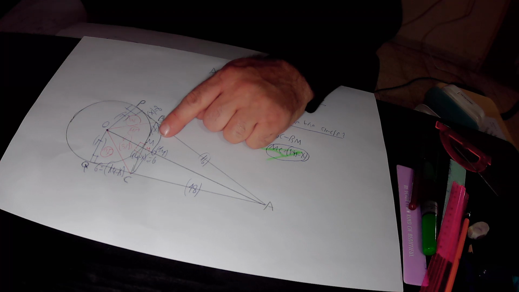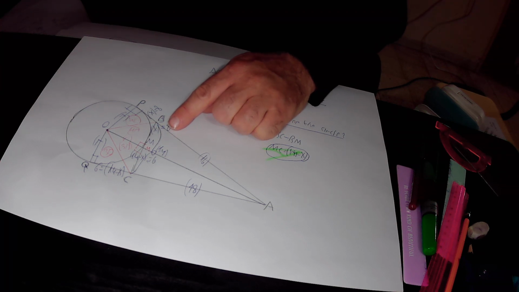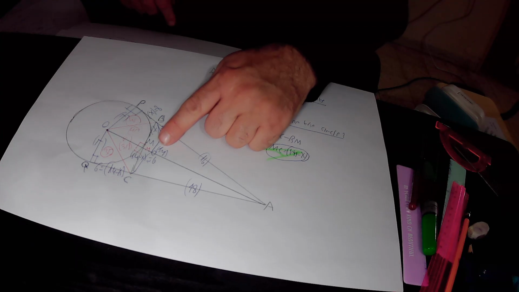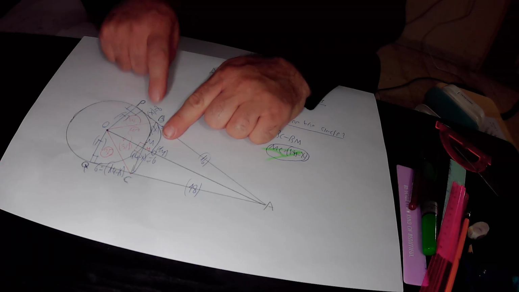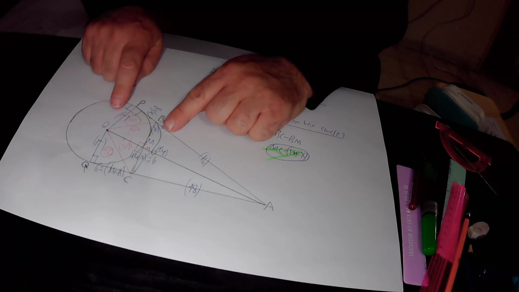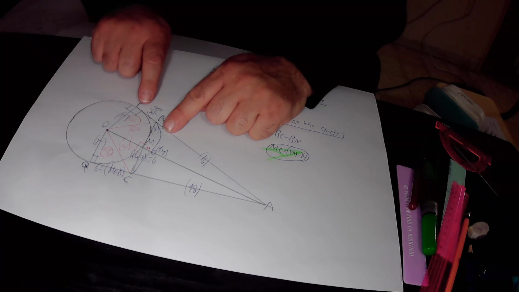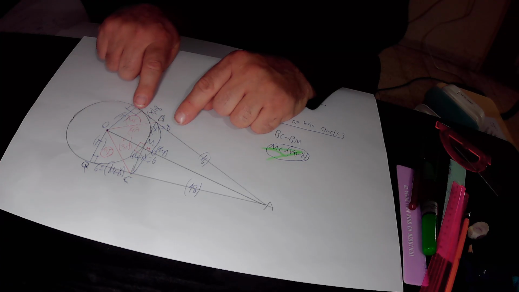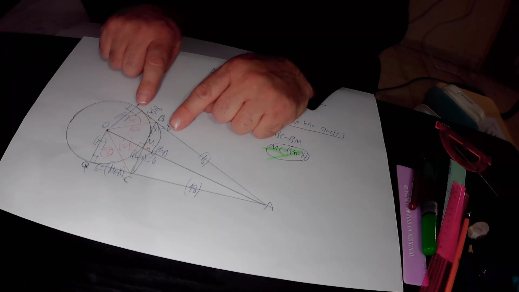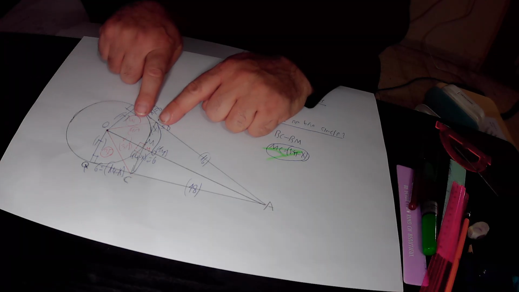Likewise, the area of this small triangle BMO equals the base BM times the height MO over 2. BM is x, that is 8, times the height MO, that is radius R, over 2. So in total, the area of this triangle BOM equals 8R over 2, that is 4R.